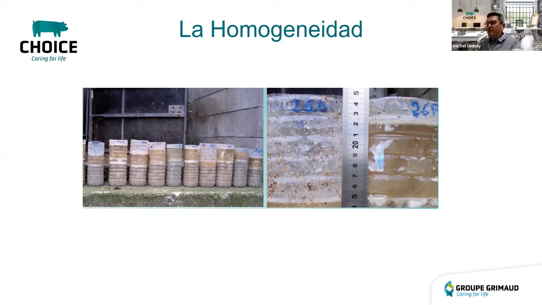So here you can see how we test homogeneity. We use plastic bottles, and we take samples directly in different troughs, one at the beginning, one in the middle, and then at the end of each pipeline.